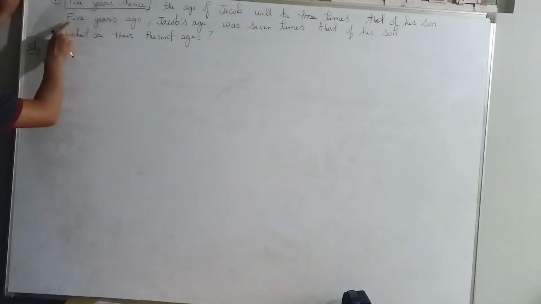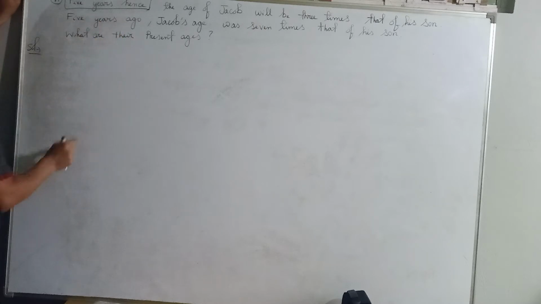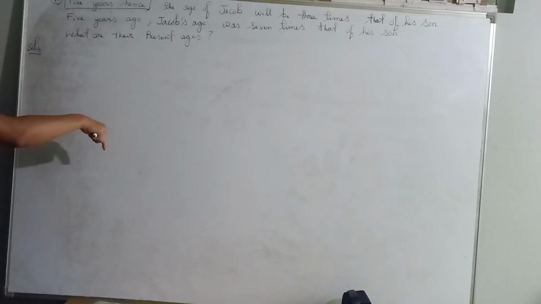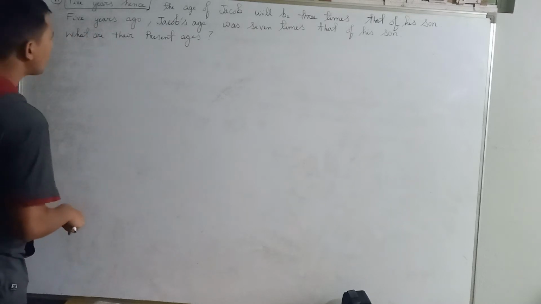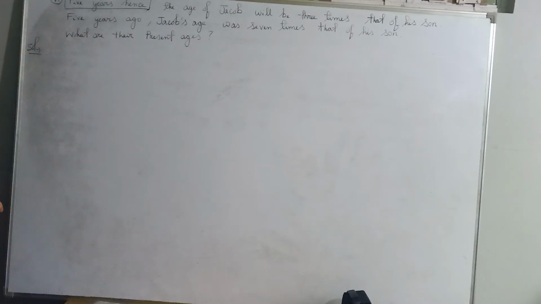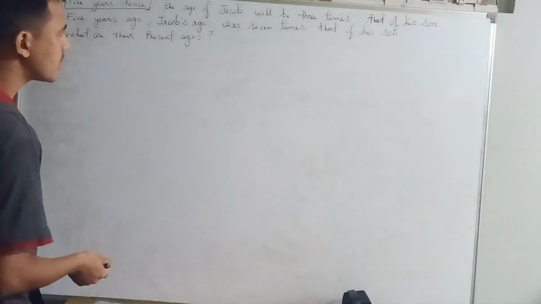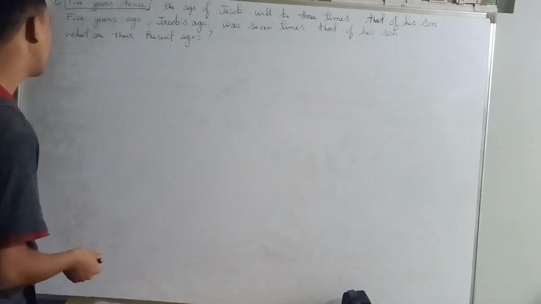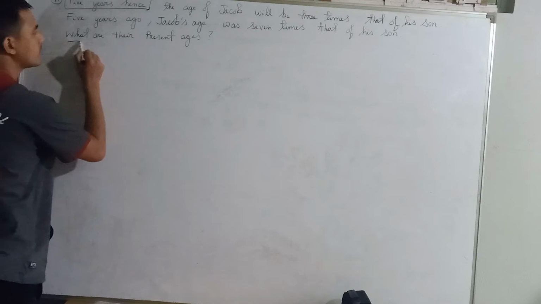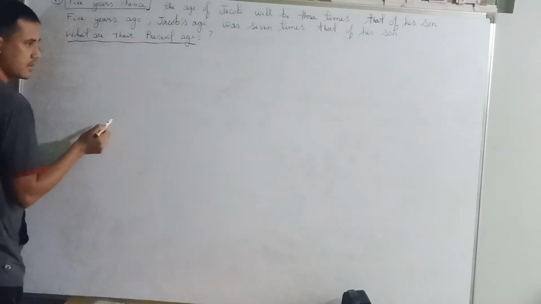Then 5 years ago, our question is talking about 5 years past, from the present, not from the future. 5 years ago, Jacob's age was 7 times that of his son. What are their present ages? We are asked to find out their present ages.